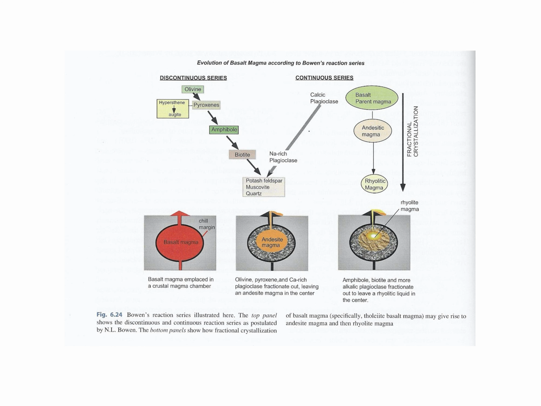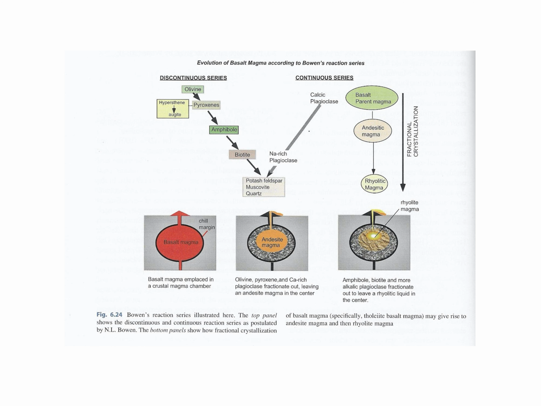So here we are coming again to Bowen's reaction series, yeah. I told you about Bowen's reaction series also in our first chapter of igneous petrology. Now we have here a more detailed chapter of igneous petrology with three inset diagrams below. When we are talking about Bowen's reaction series, we have a discontinuous series and a continuous series.